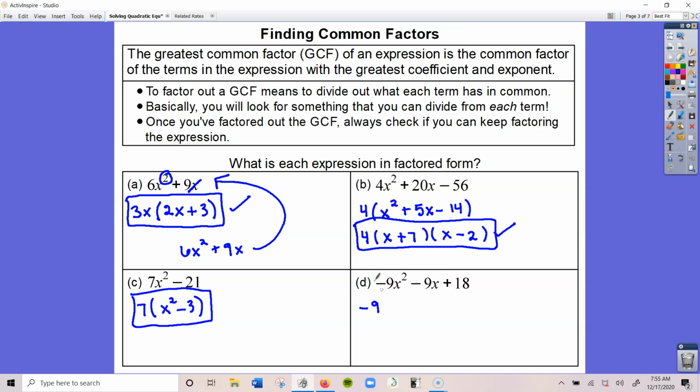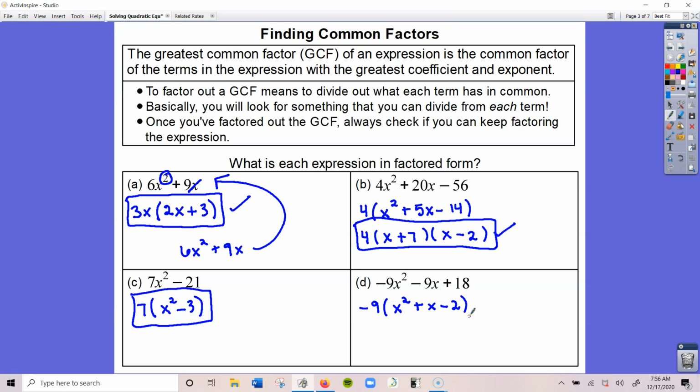So the only thing that can be factored is the negative 9. And now I'm going to divide negative 9 from each term. Negative 9x squared divided by negative 9 is just x squared. Negative 9x divided by negative 9 will be a positive 1x. And a positive 18 divided by negative 9 is a negative 2.